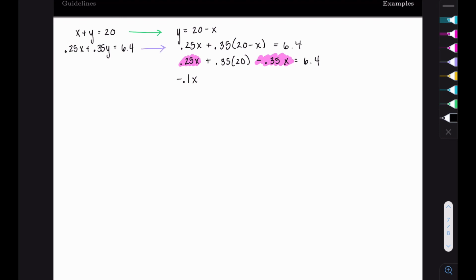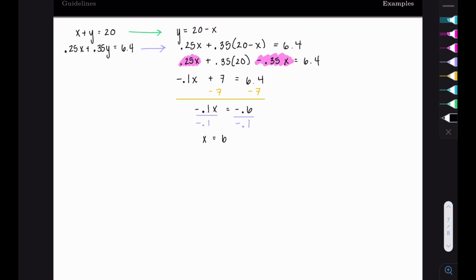And if you do 0.35 times 20, that's going to give us 7, and this needs to equal 6.4. So now we go ahead and subtract 7 from both sides, and that gives us negative 0.1x is equal to negative 0.6. Go ahead and divide by negative 0.1, and you can see it works out because our negative signs cancel each other out, and I end up with a positive quantity.